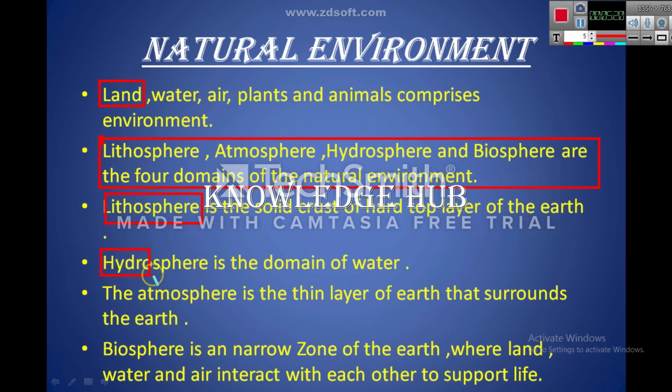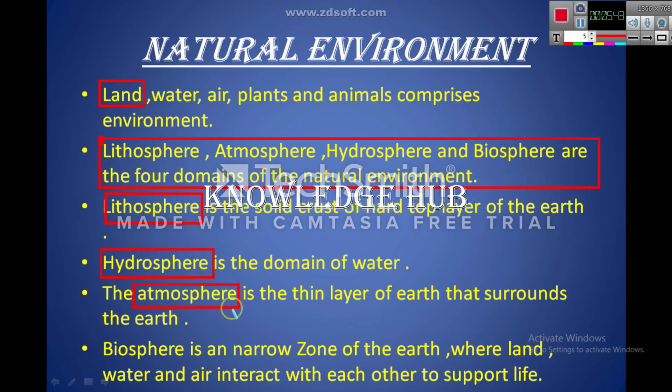Now, what is the meaning of hydrosphere? Hydrosphere is the domain of water. It comprises various sources of water and different types of water bodies like rivers, lakes, seas, oceans. It is essential for all living organisms. Now, what is the meaning of atmosphere?